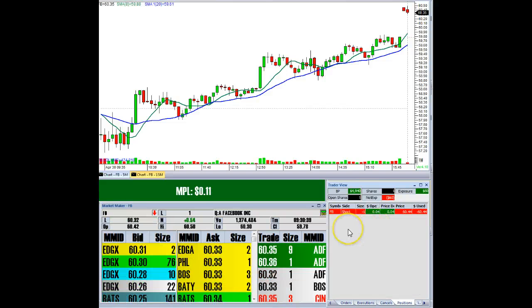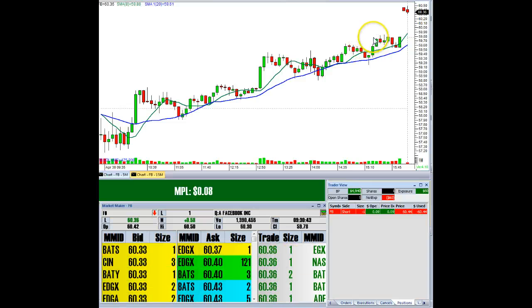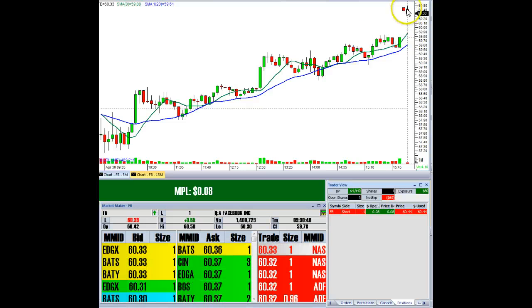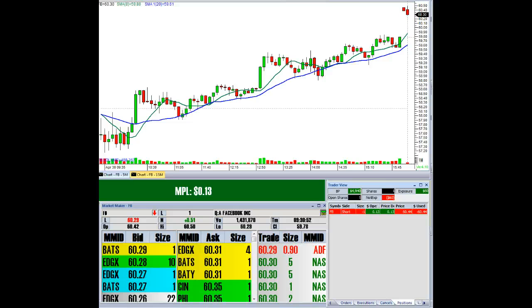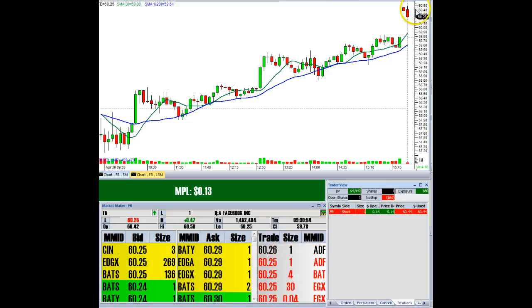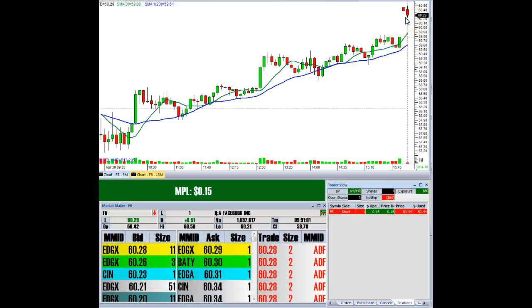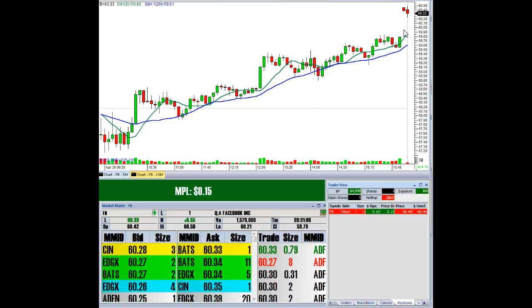So the downside here is that I only got one share. What you want it to do is to open, run a little bit up against you, so you can add more to it, and then be able to build into a position, a good position size, and then make it a very profitable trade.